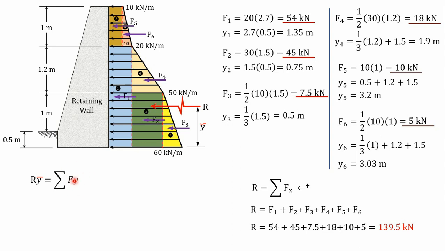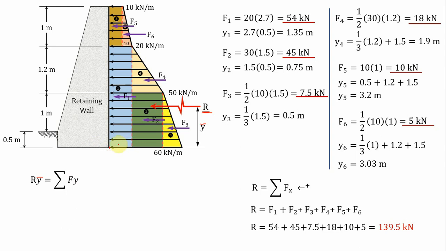So the summation of Fy is 6 moments, because we have 6 forces, class. And these 6 forces can produce moment at the bottom of the wall. In this equation, we know that our resultant force is going in that direction.